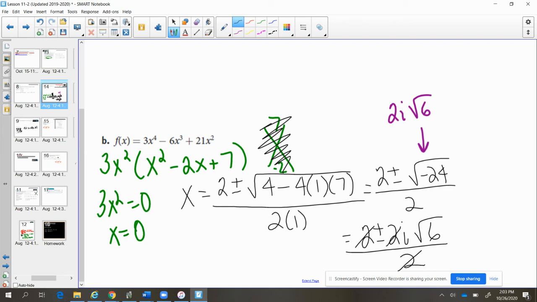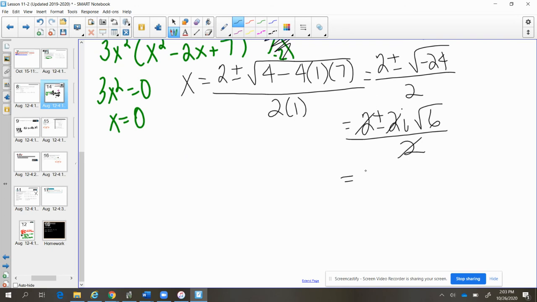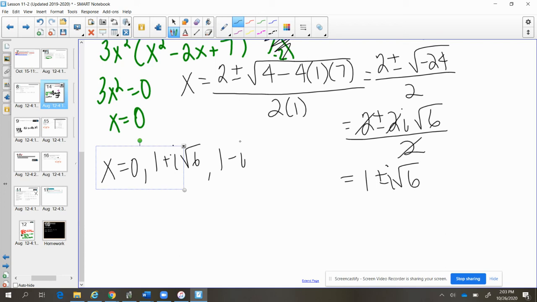And then that 2 in the denominator can cancel with both pieces of the numerator, so that we have 1 plus or minus i square root of 6. i is still out front here. So our 2 zeros here, besides the x equals 0 that we had before, are x equals 1 plus i square root 6, and 1 minus i square root 6.